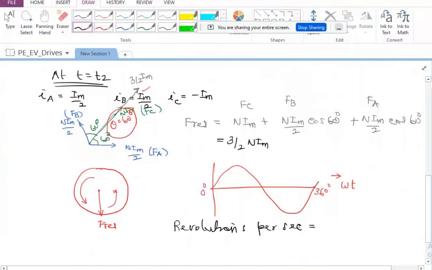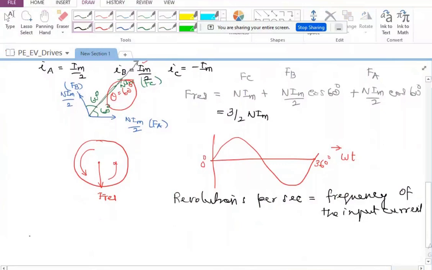So I can say the revolutions per second is equal to whatever is the frequency of the input current. So if I have a 50 hertz current, if frequency is equal to 50 hertz, then revolutions per second is going to be equal to 50.